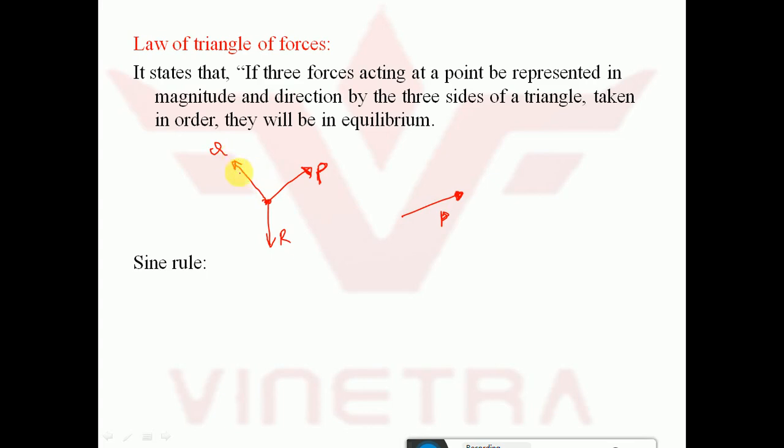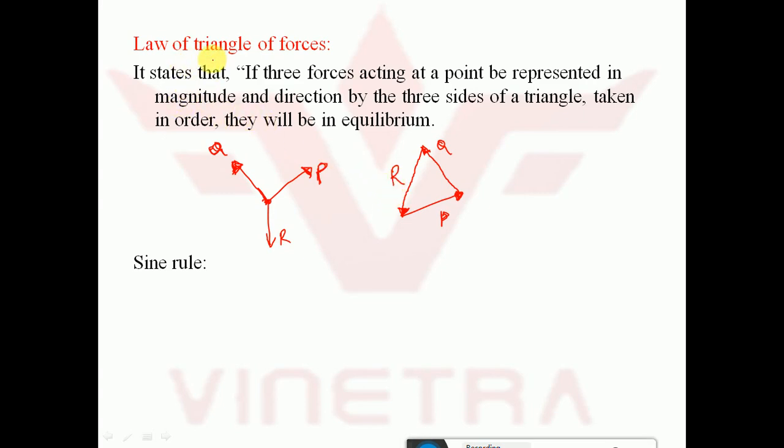Next, the direction of this force is in the second quadrant, and its magnitude is given by this length. So I will redraw this force as Q, and if I join these by the third side, this is equal to its resultant R.